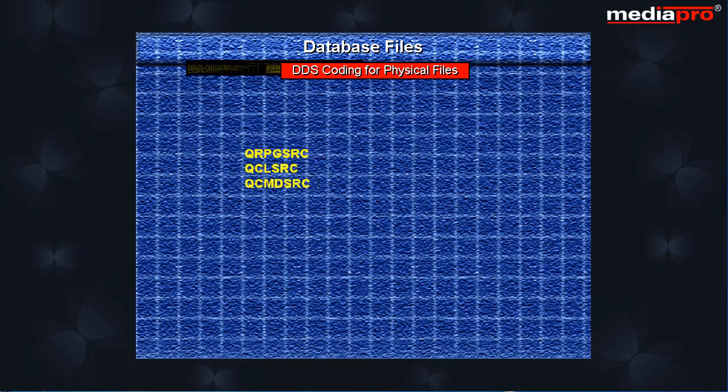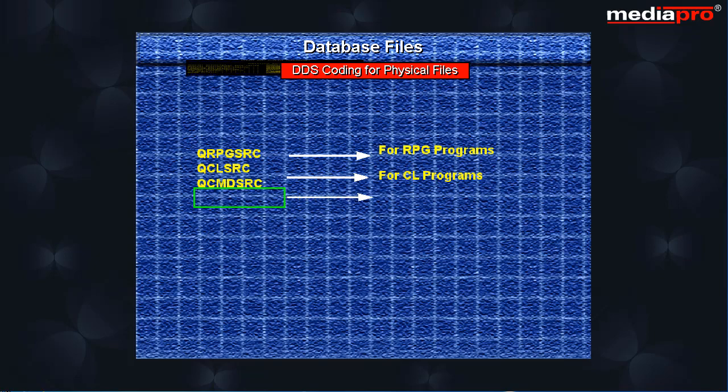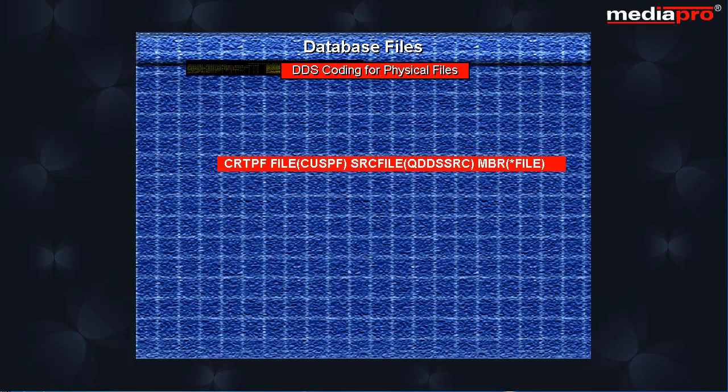For example, QRPGSRC for RPG programs, QCLSRC for CL programs, QCMDSRC for command definitions, etc. Also, the create physical file and create logical file commands take a default value of QDDSSRC for the source files.